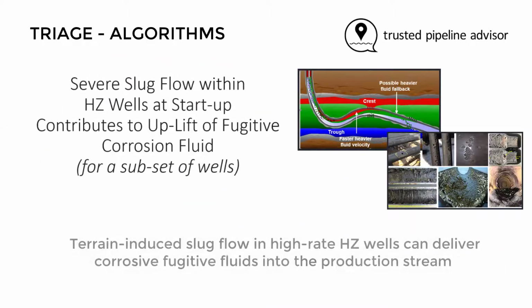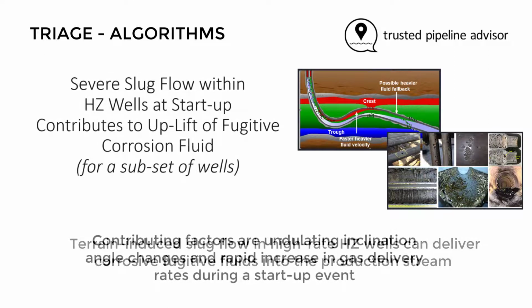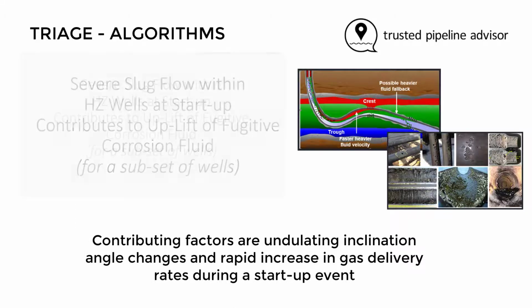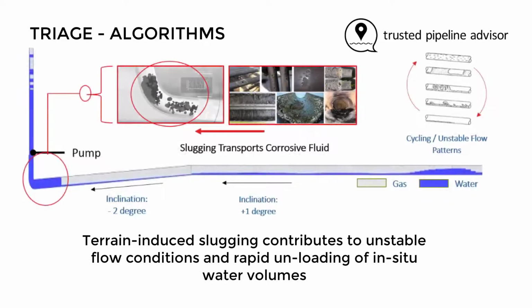Terrain-induced slug flow in high-rate horizontal wells can deliver corrosive fugitive fluids into the production stream. Contributing factors are undulating inclination angle changes and rapid increase in gas delivery rates during a startup event. Terrain-induced slugging contributes to unstable flow conditions and rapid unloading of in-situ water volumes.